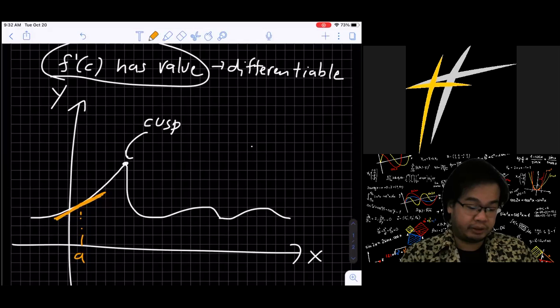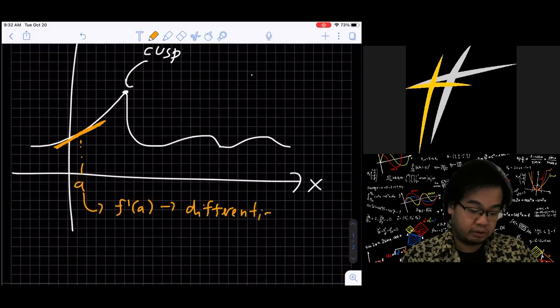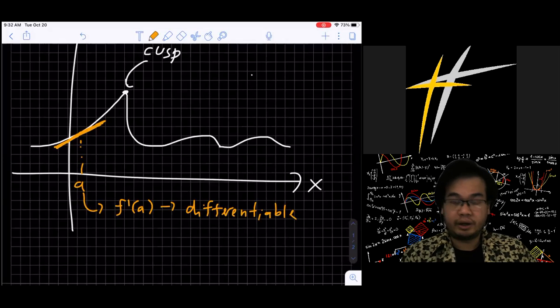So if that happens, then we say that f(x) at x equals a is differentiable. Okay.